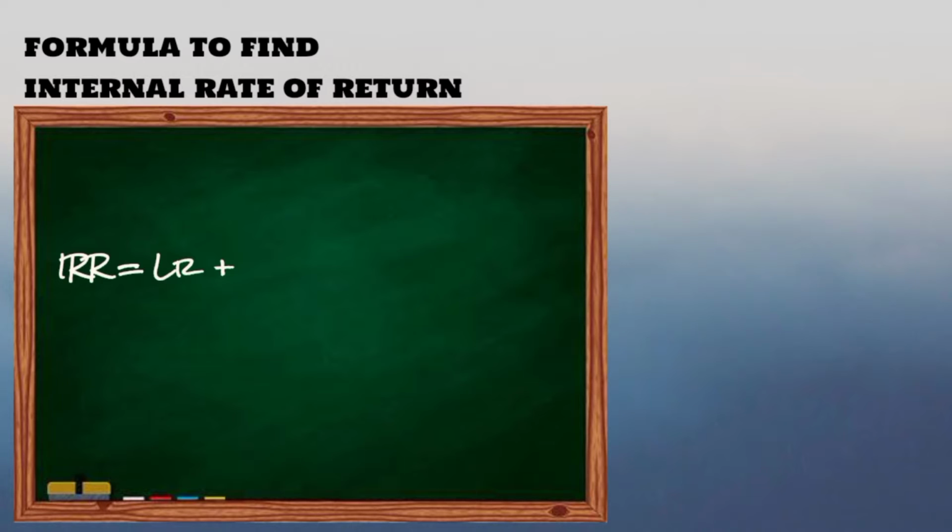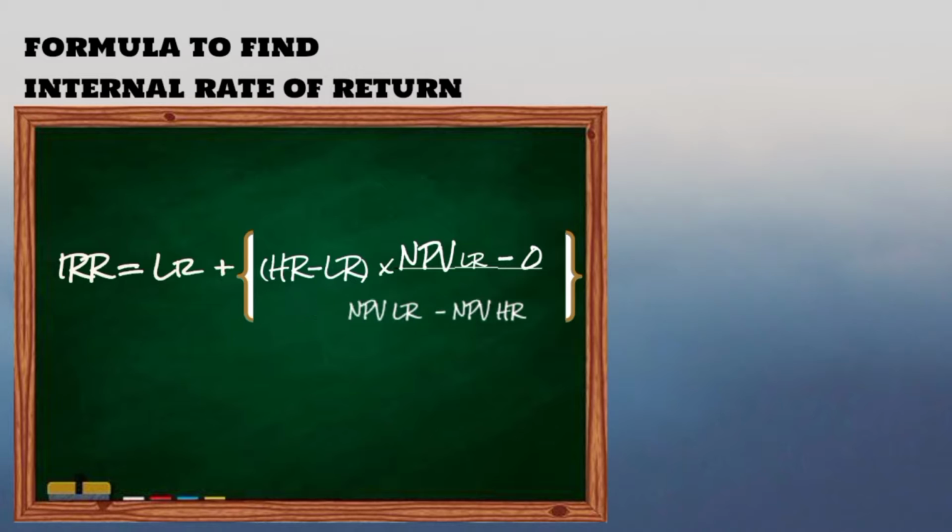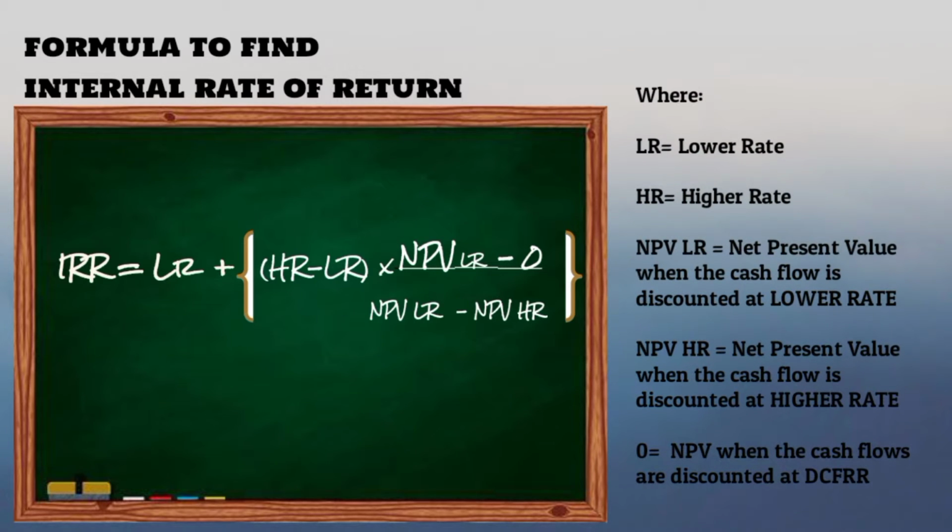IRR is equal to LR plus bracket open parenthesis HR minus LR multiplied to NPV LR minus 0 over NPV LR minus NPV HR closing bracket, wherein LR stands for lower rate, HR higher rate, NPV-LR or the net present value when the cash inflow is discounted at lower rate, NPV-HR the net present value when the cash flow is discounted at higher rate, and 0 represents NPV when the cash inflows are discounted at DCFRR or the discounted cash flow rate of return.